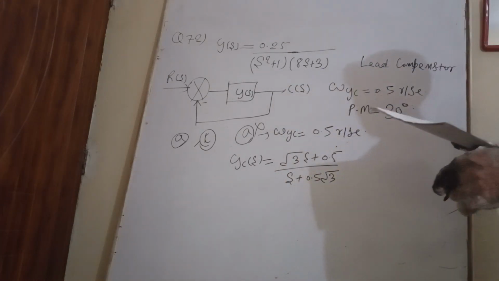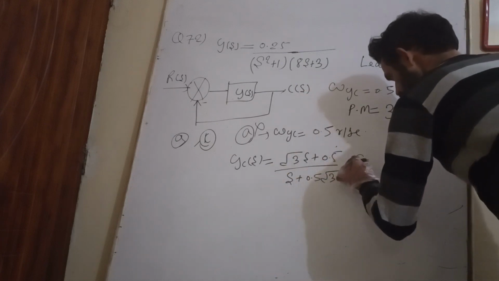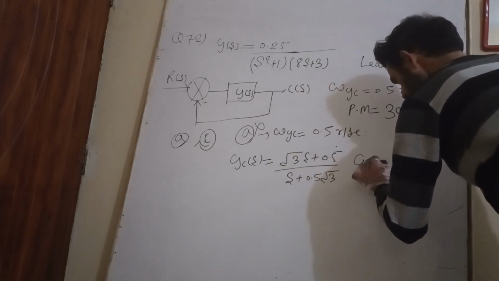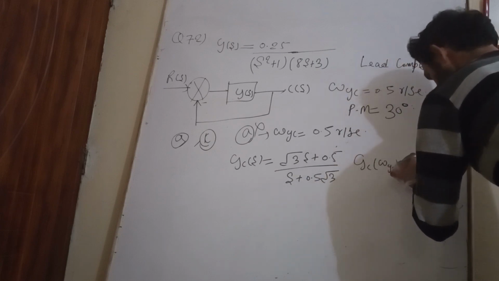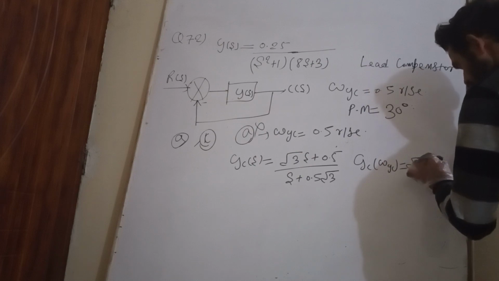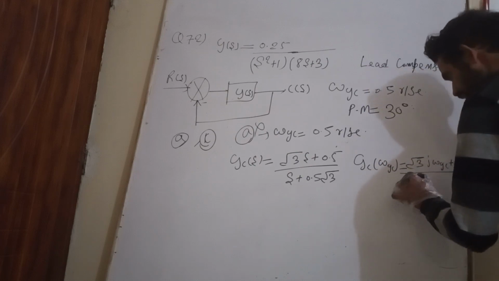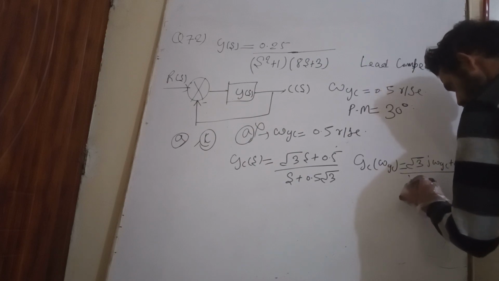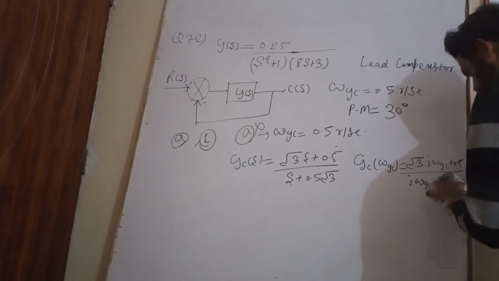So Gc of j omega gc is root 3 j omega gc plus 0.5 divided by j omega gc plus 0.5 root 3.